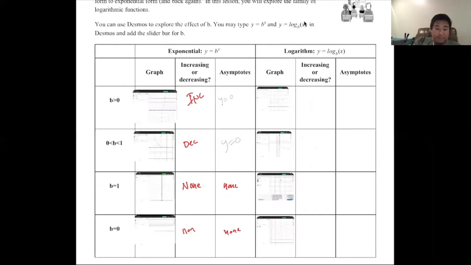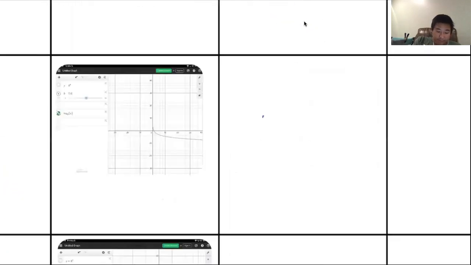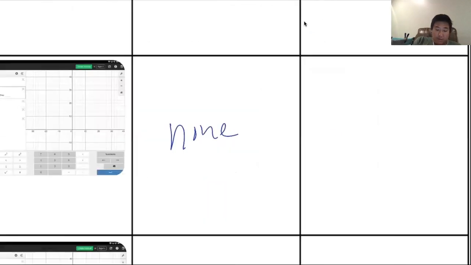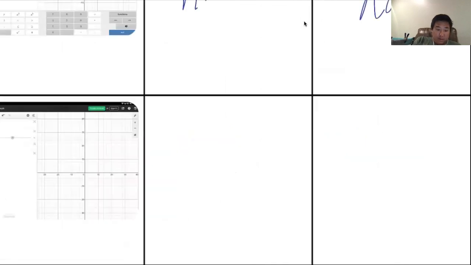That goes there. So this graph is increasing. This graph is decreasing. None. None. None. None.